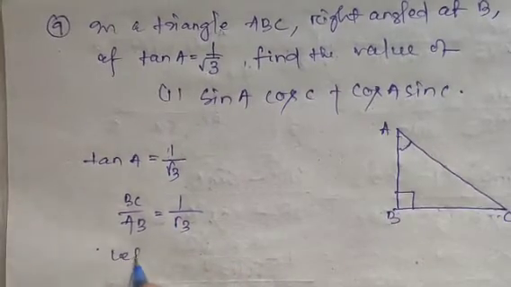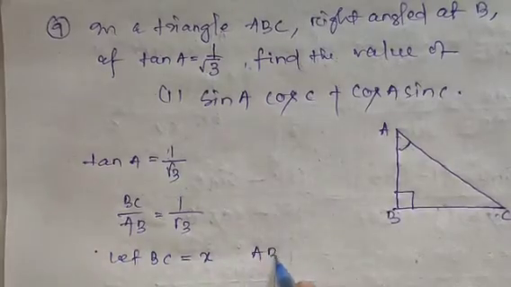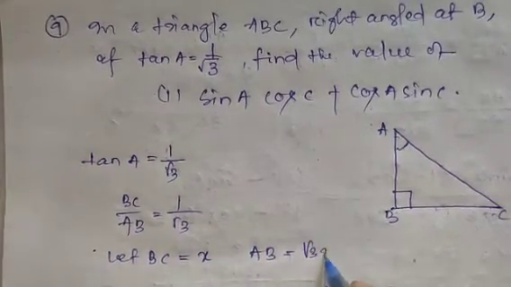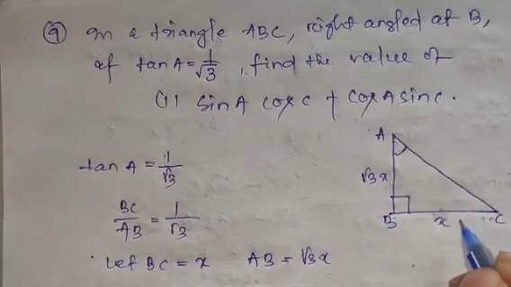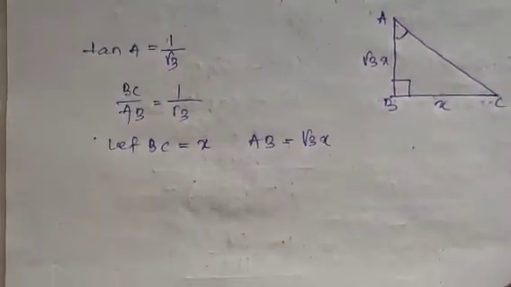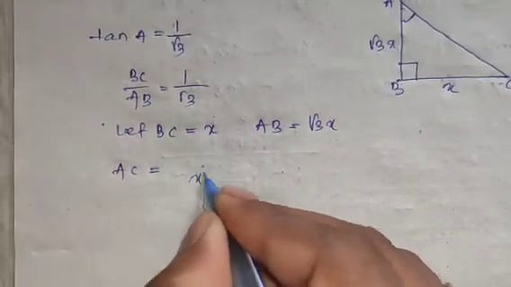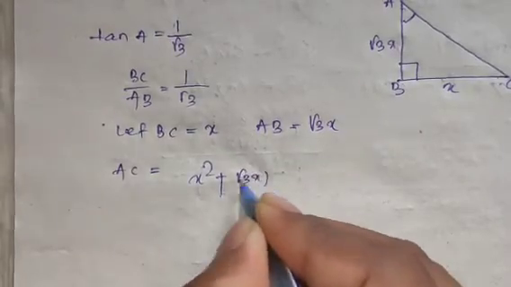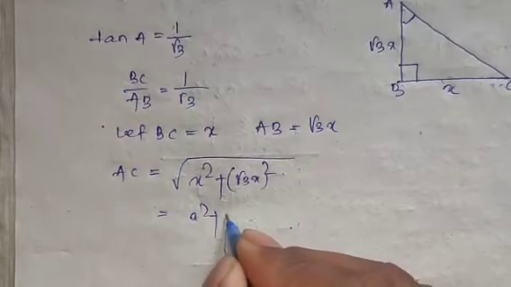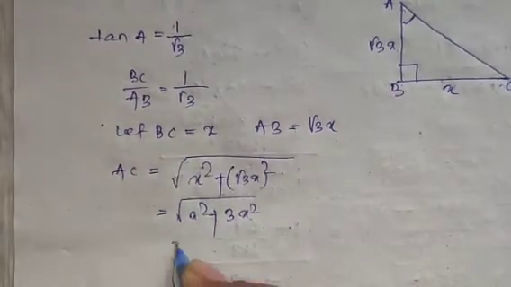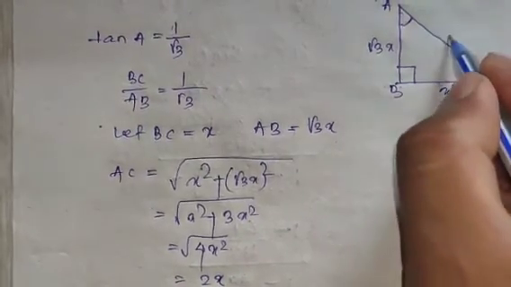So let BC is equal to x. Similarly, AB will be root 3 into x. So this is root 3x, this is x. So from here we can calculate AC by using Pythagoras theorem. So AC will be square root of x square plus (root 3x) square, which is equal to square root of x square plus 3x square, which is equal to square root of 4x square, which is equal to 2x. So this will be your 2x.